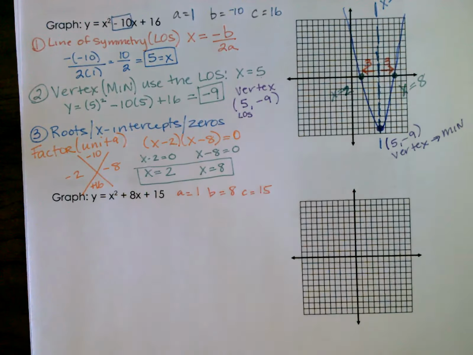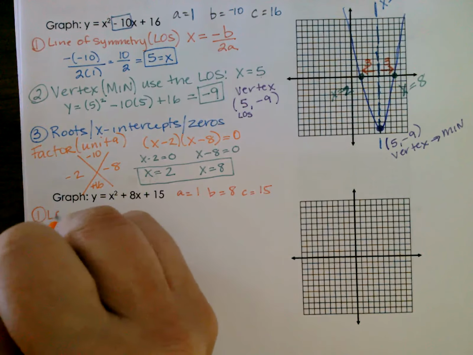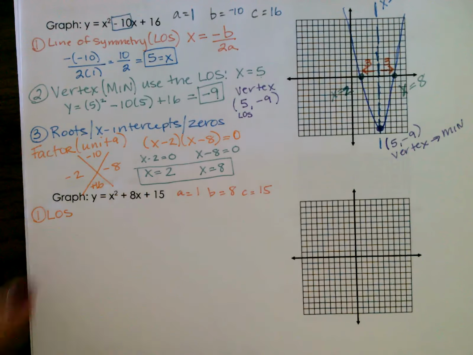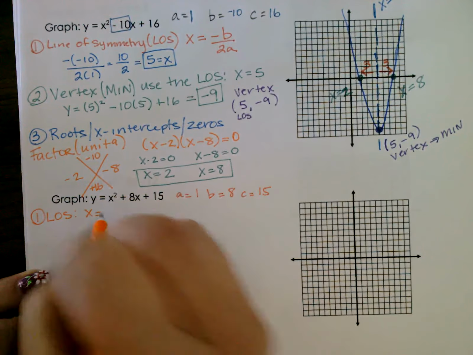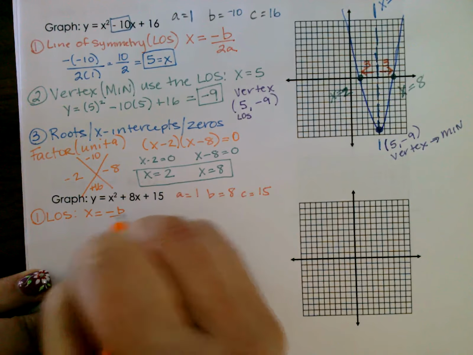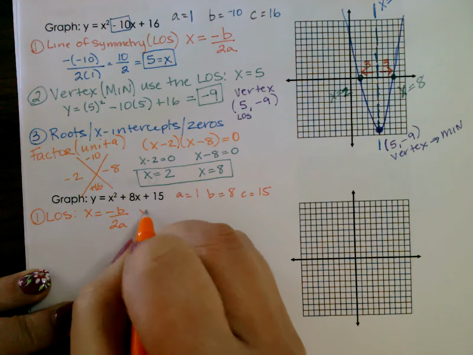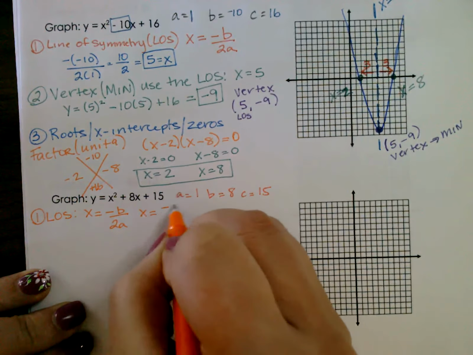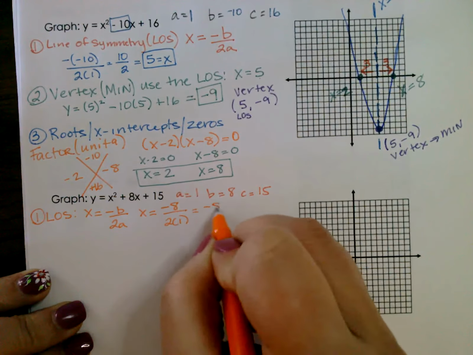Some things that I know, we will start with the LOS, the fold line, the line of symmetry. X equals the opposite of B divided by 2A.